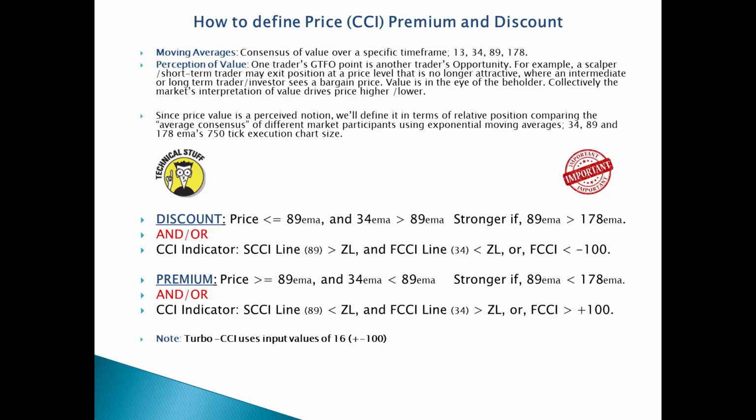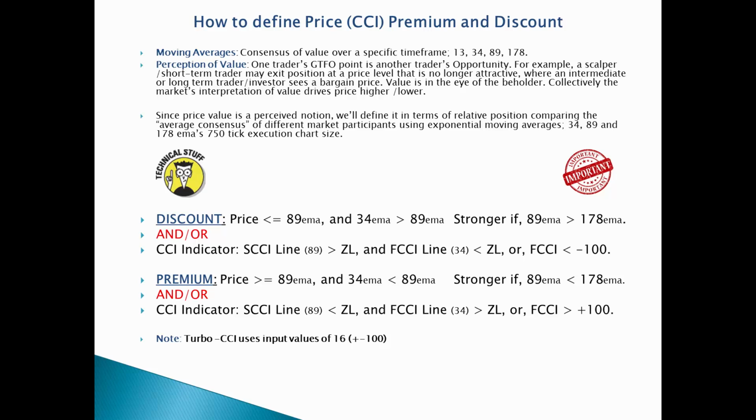And what exactly are moving averages? People use the term, but a lot of people don't understand what a moving average actually is. A moving average is simply a price consensus of value over a specific time period.